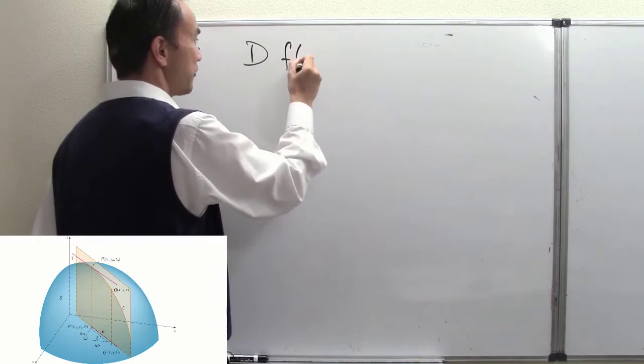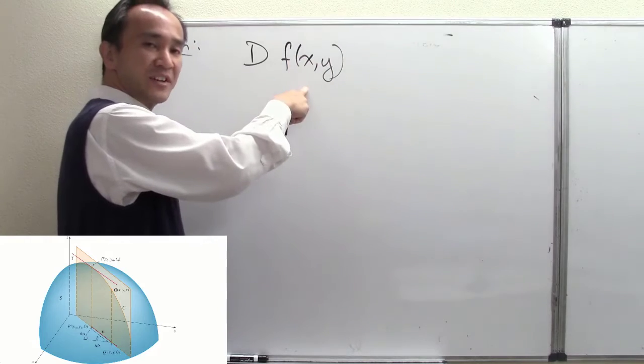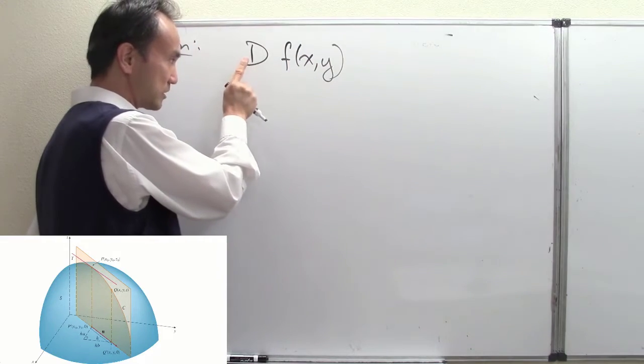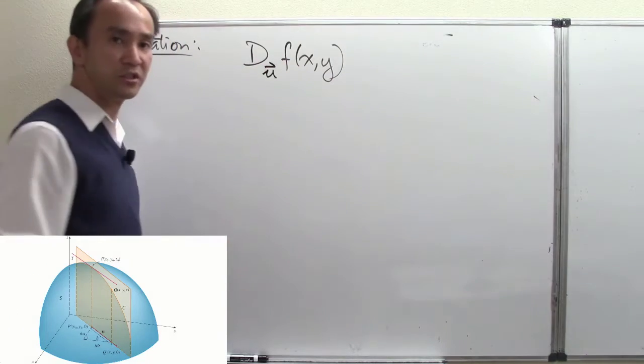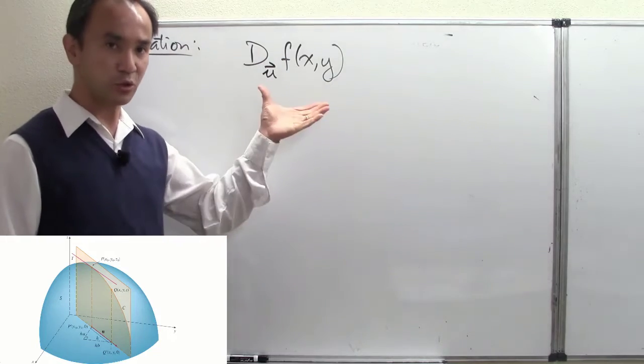We attach the function because, of course, anytime we're taking a derivative, we're taking the derivative of whatever function that is. The directional derivative of a function in the direction of the unit vector u. That's what it is. Okay, so that's the notation.